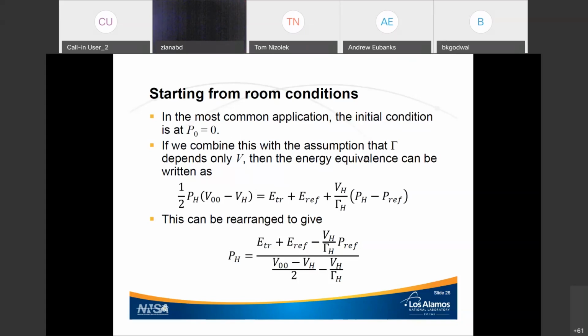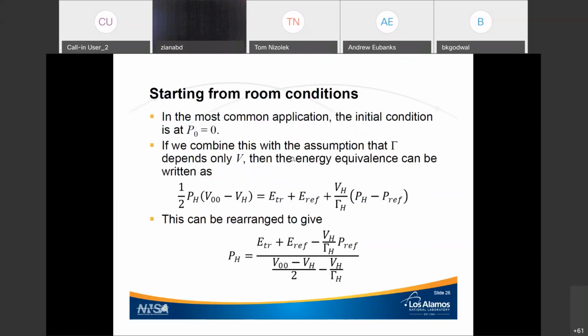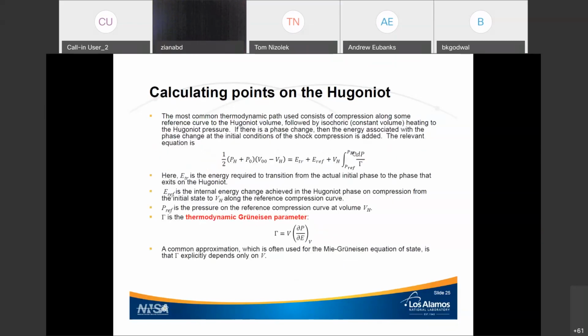And if we combine this assumption with the assumption that gamma depends only on V, then that energy equivalence right here can be rewritten in this way. V naught has gone away. VH over gamma H, the gamma is now taken outside of this integral here, and so the integral then turns into just delta P over gamma.